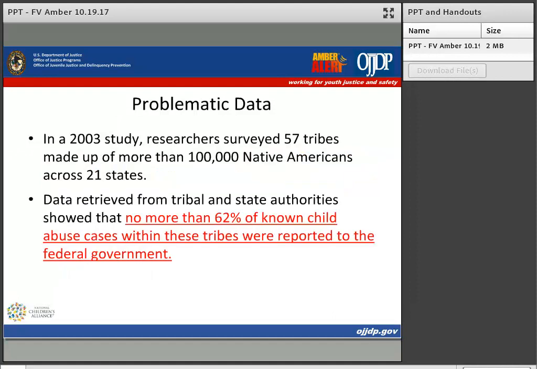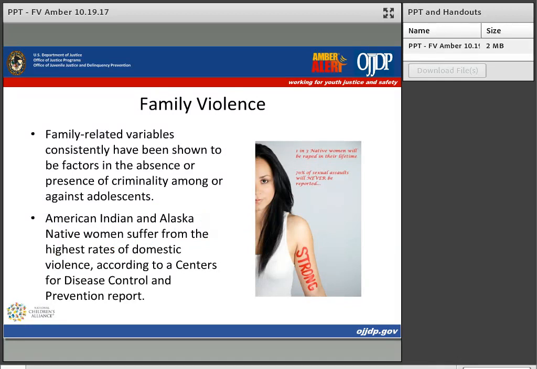And all of these things have an impact on the psyche of the community. A study of 57 tribes, more than 100,000 people in 21 states, showed that only about 2/3 of the cases of known child abuse were being reported to the federal government.